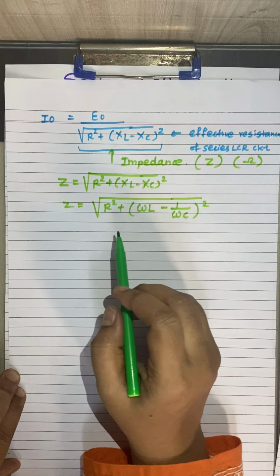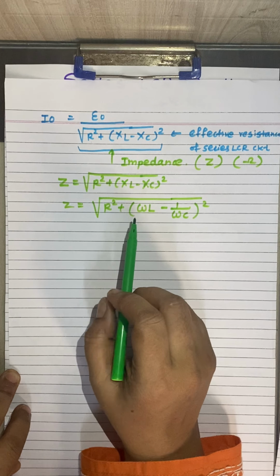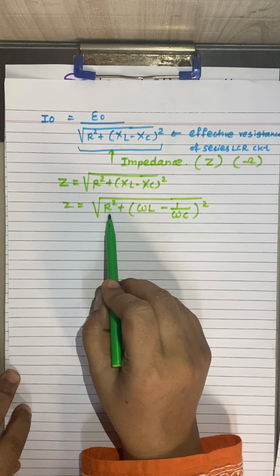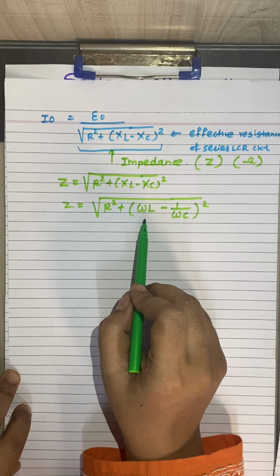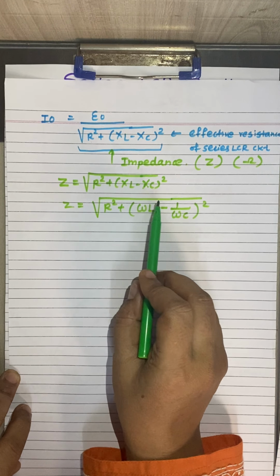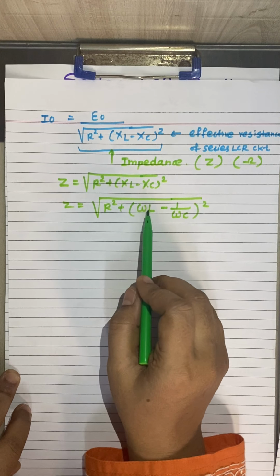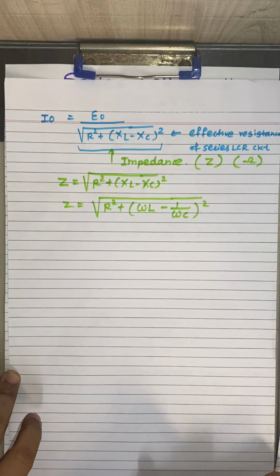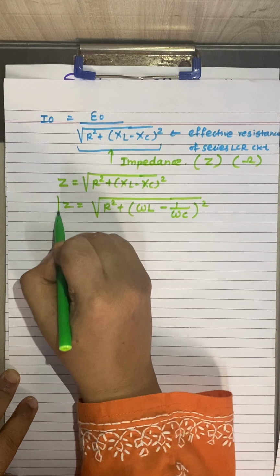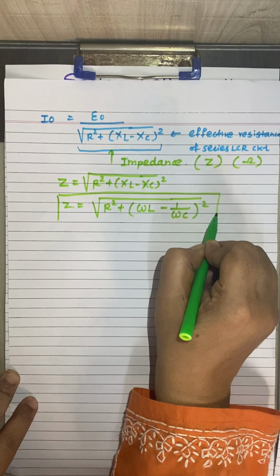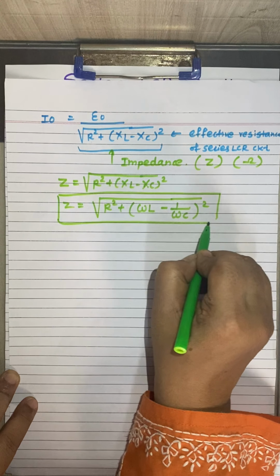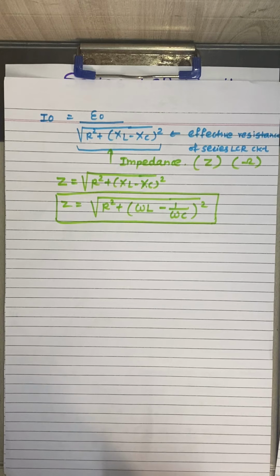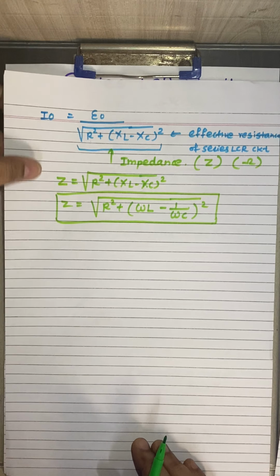This relationship between the resistance R, the inductive reactance XL and the capacitive reactance XC, along with Z, is shown by the triangle which is called an impedance triangle. You have to keep in mind this particular formula, because it is very important for the calculation of impedance in numericals.